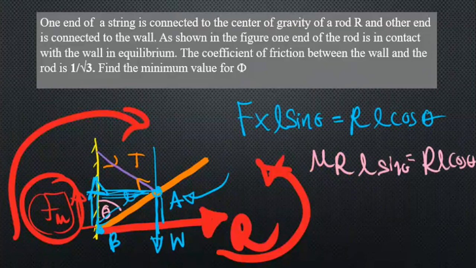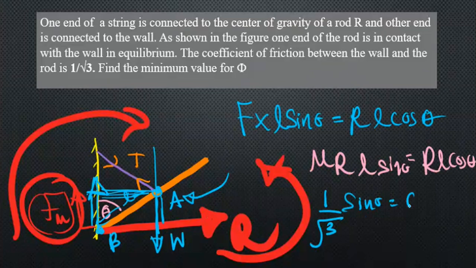Now you can see R and L we can cancel off, and let's apply the value of mu, which is 1 over root 3. So mu sine theta equals cos theta, right? They're asking us to find the theta value, so let's find the tan theta value.